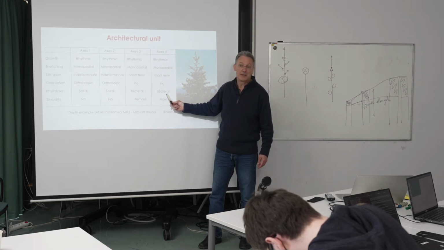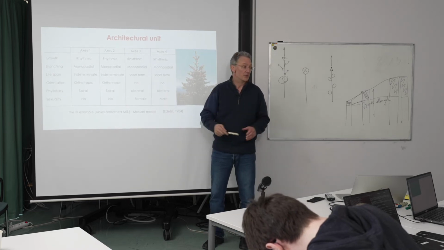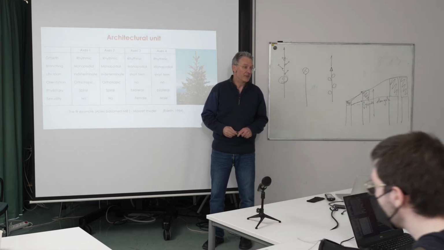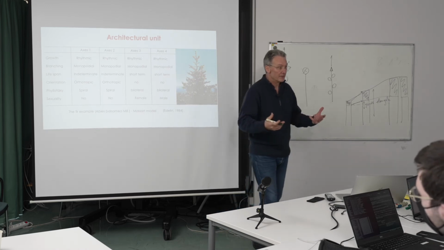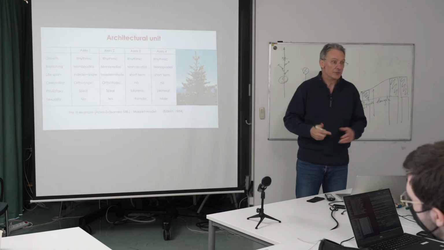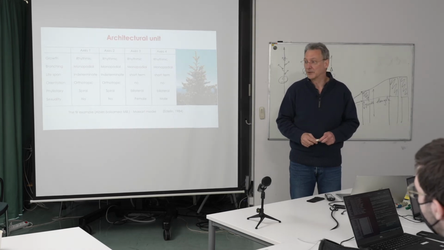So it's really typical of the way the plant is growing. And this is very important if you want, for instance, to program this type of development in a computer, because you would need to follow this type of rules in order to have a plant that is faithful to the botanical way of growing.